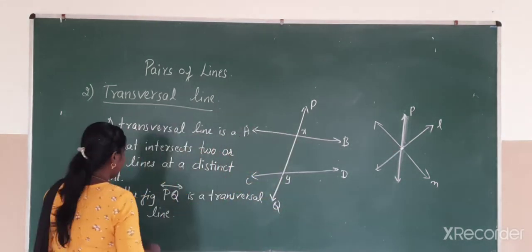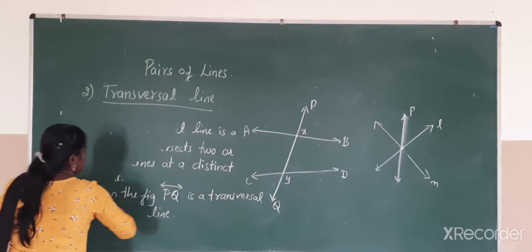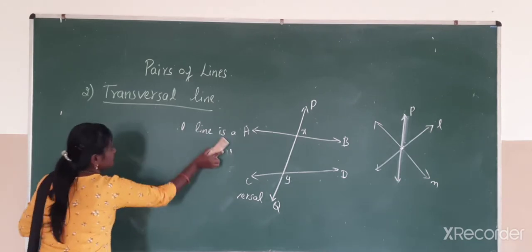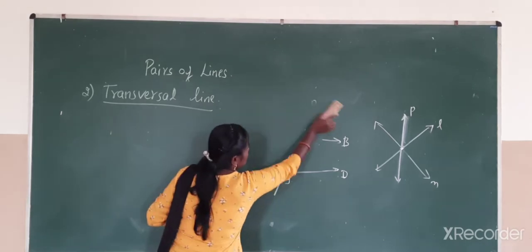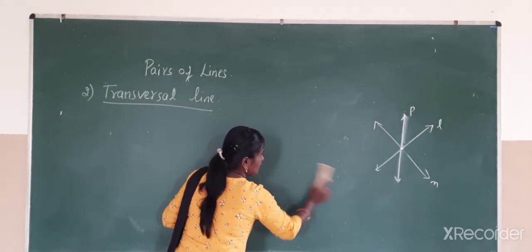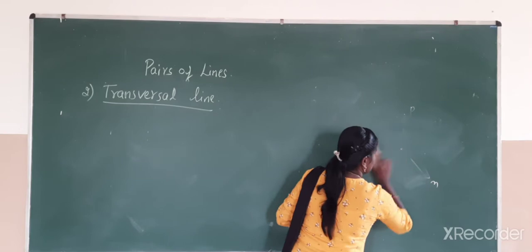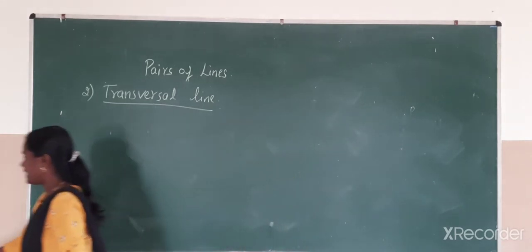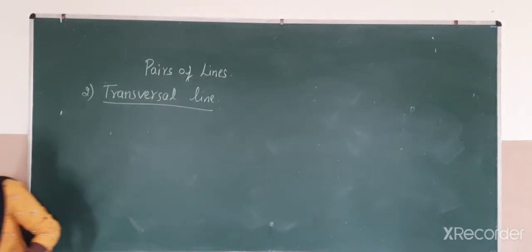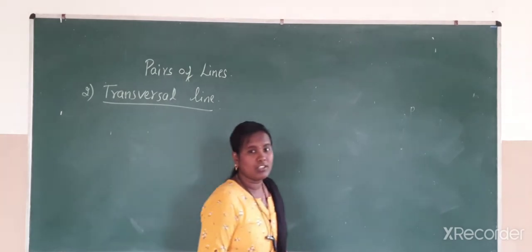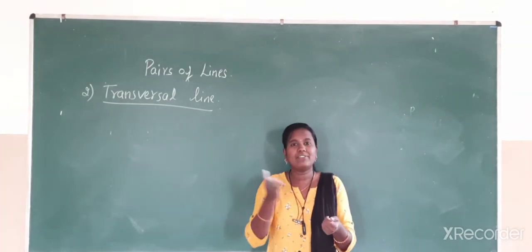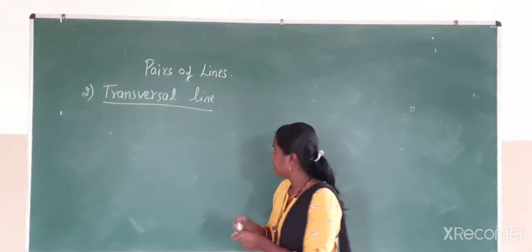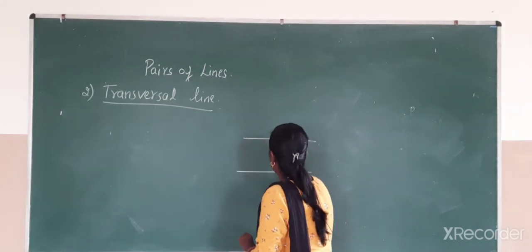If you take one more ray diagram, I will draw it for you. Two or more lines we are saying, right? Two or more lines means 3 may be there, 4 or 5 may be there. So the best example we can give for a transversal line is the railway track.